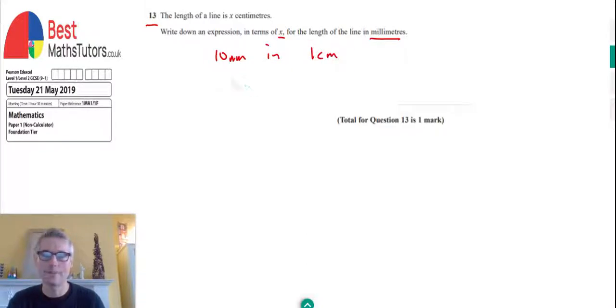So whatever we have in centimetres, we multiply by 10. The answer is 10 times x, which written more algebraically without the times sign is 10x. That's our answer, 10x, because there are 10 millimetres in 1 centimetre.